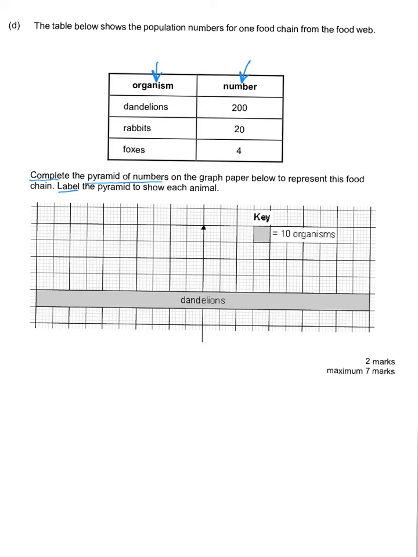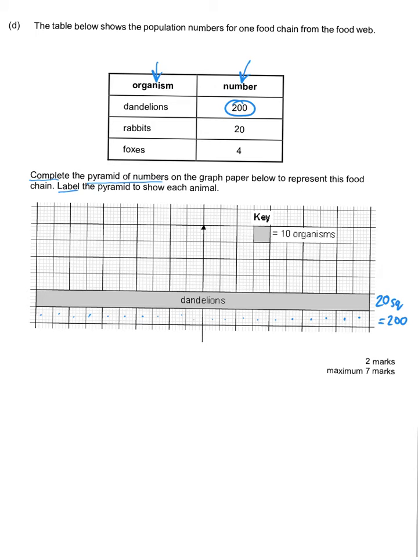So first of all, we've got the dandelion, and the dandelion is worth 200, and it's definitely worth counting the number of squares here to make sure we get our scale correct. 1, 2, 3, 4, 5, 6, 7, 8, 9, 10, 11, 12, 13, 14, 15, 16, 17, 18, 19, 20. So the dandelions take up 20 squares, and the dandelions is 200.